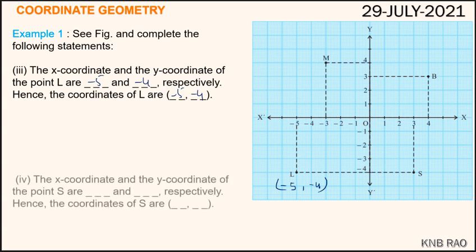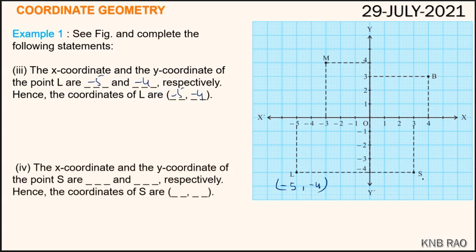Similarly, fourth question is about S. Can you tell the coordinates of S? It is 3 comma minus 4, because x coordinate is 3, y coordinate is minus 4. So, thus its coordinates are 3 comma minus 4.